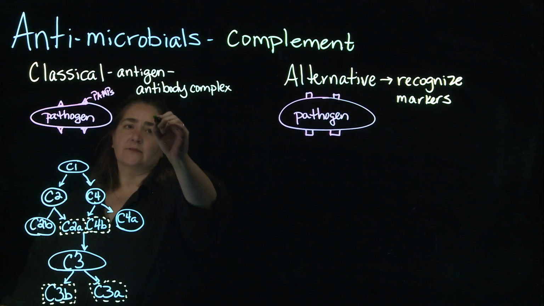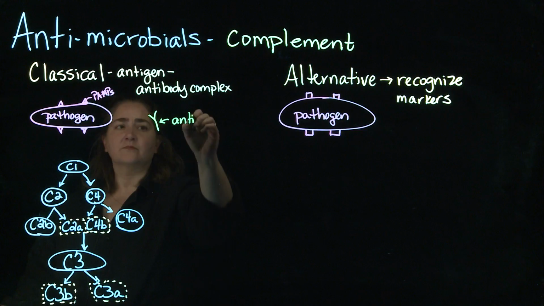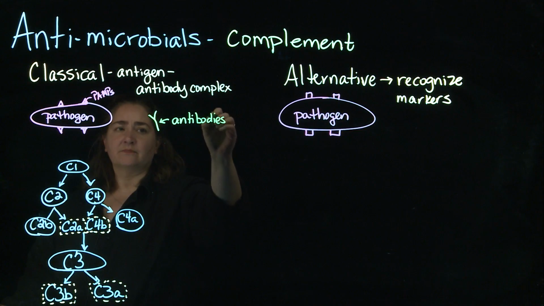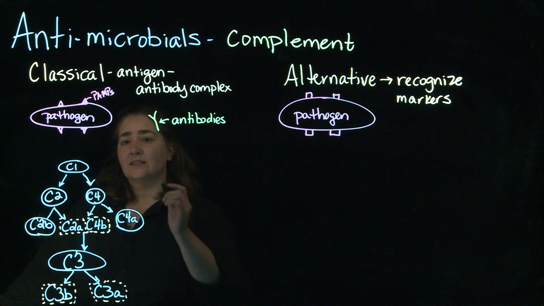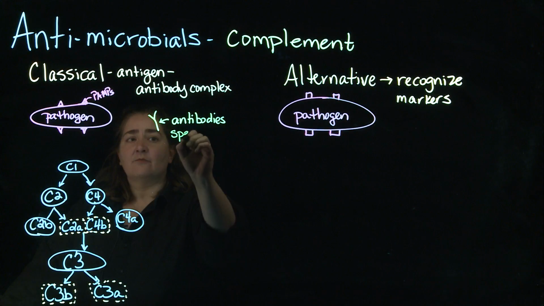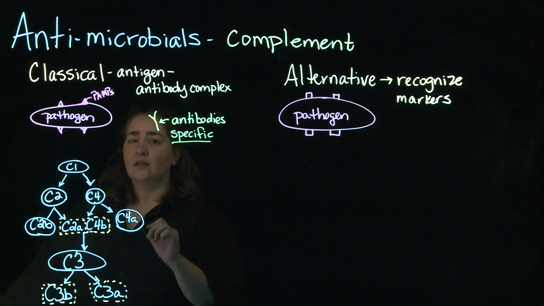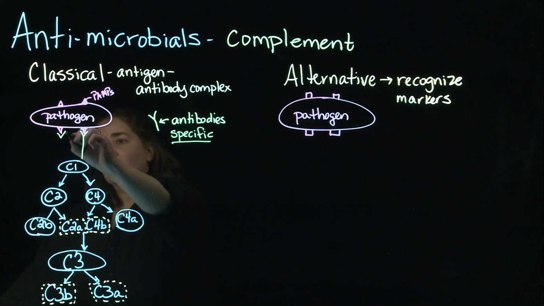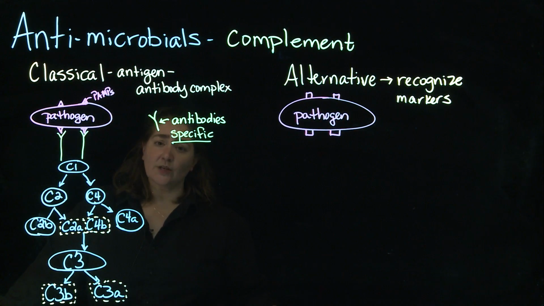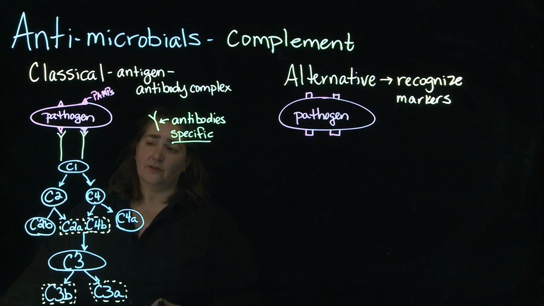And what we've got circulating are antibodies, and those antibodies are going to be proteins that recognize other proteins very specifically. So we get our antibody that's going to recognize the pathogen because of the markers on the outside of the pathogen.